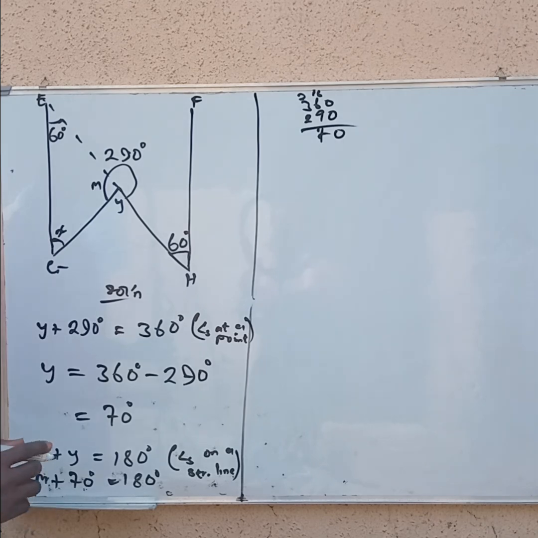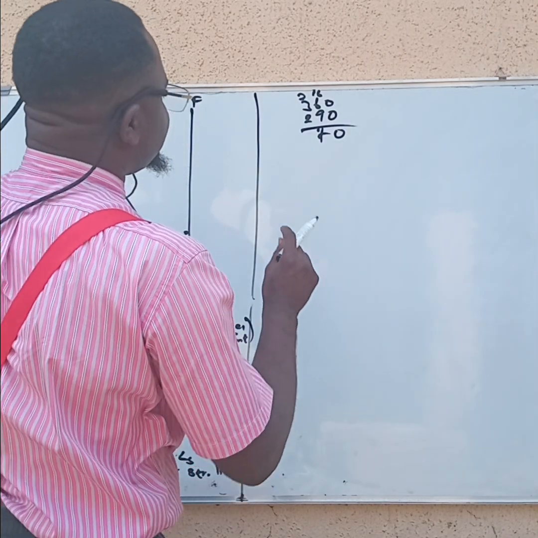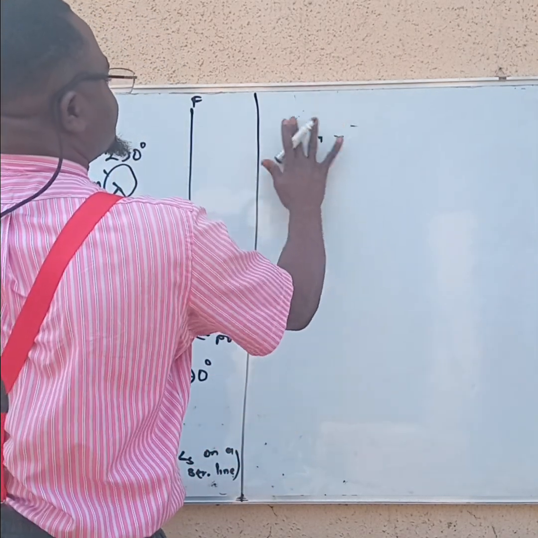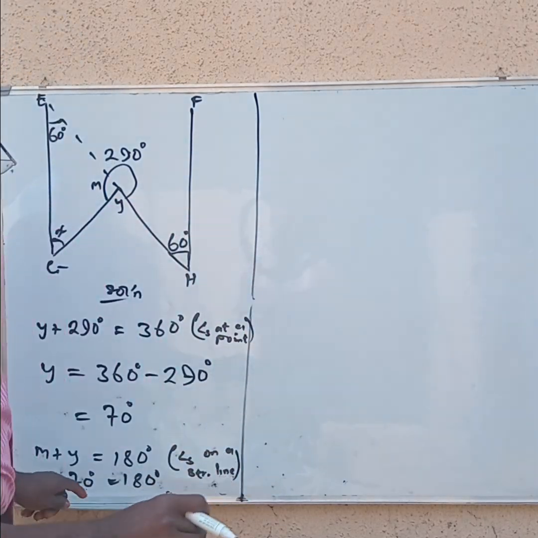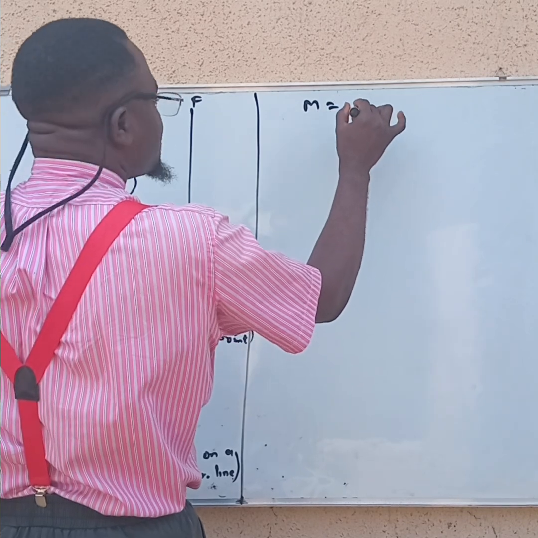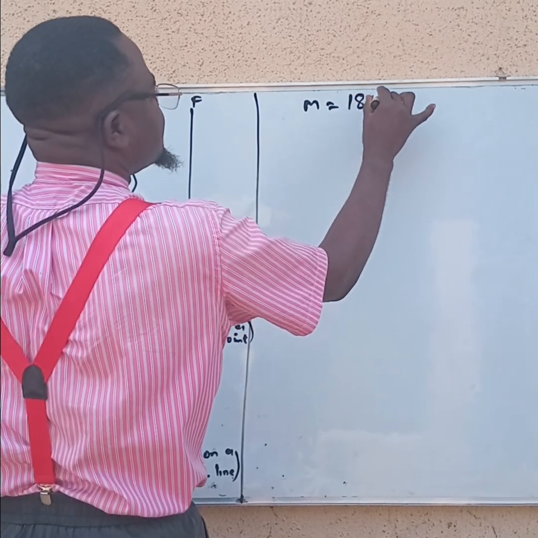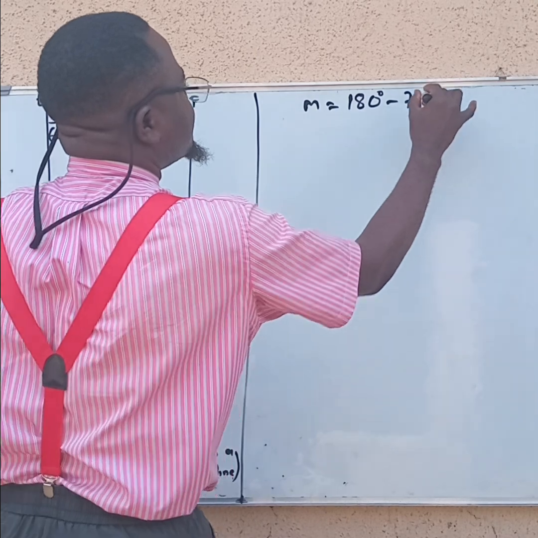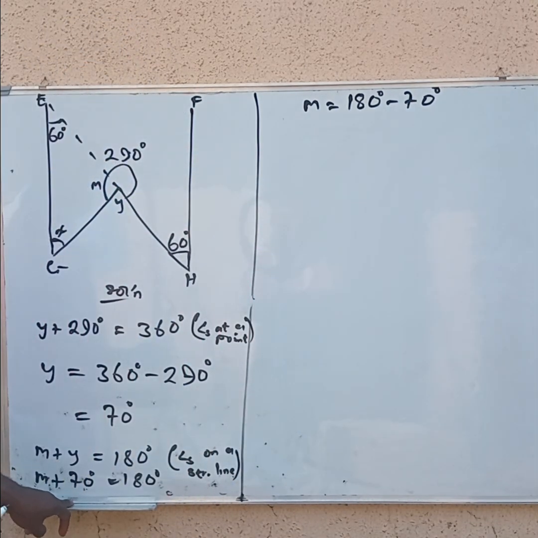So if I have it like this, I'll come to this very place. It will now be M equal to 180 degrees minus 70 degrees. From here, the 70 degrees is plus here.